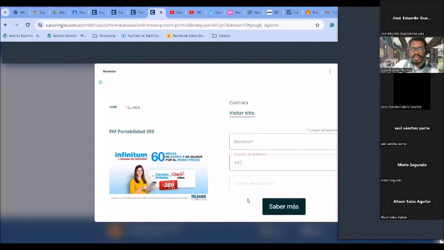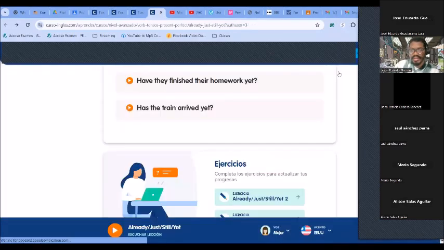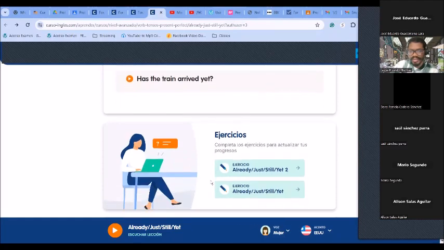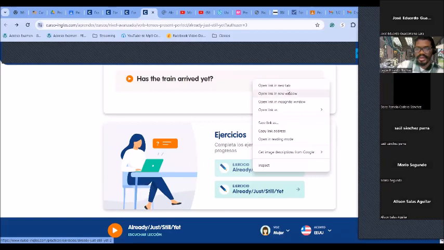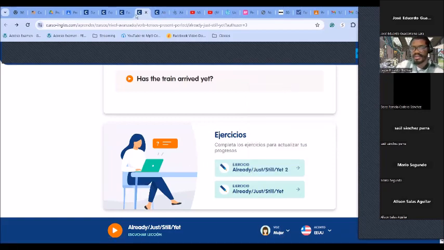So try to make sure that the idea you're expressing connects from the past, can show a clear event, and think about whether you're being positive or negative. The event has finished or the event hasn't finished. All right, now let's do some exercises.